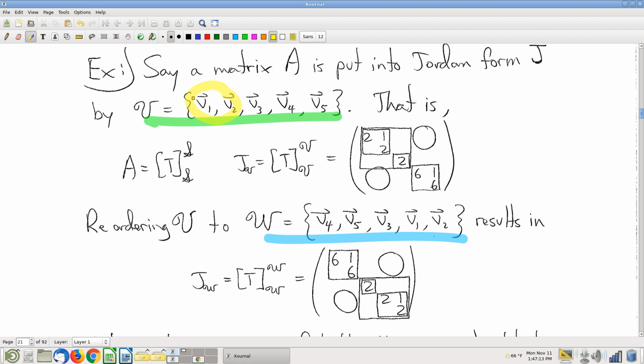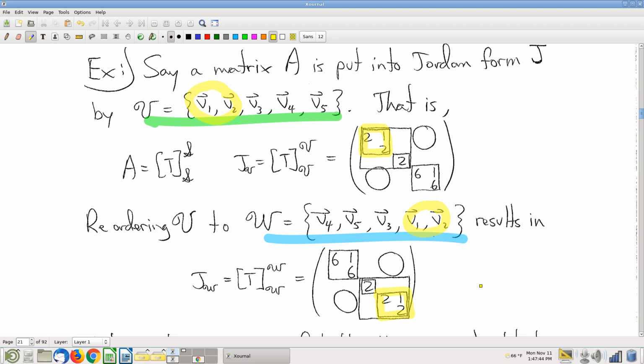This pair, V1 and V2, stayed together in the reordering. And notice, this pair of V1 and V2, they were the first 2 vectors there. This block was in the first 2 rows, first 2 columns there. When I reordered, putting these first 2 vectors as now the last 2 vectors, notice now that same block has moved over into the last 2 rows, last 2 columns.